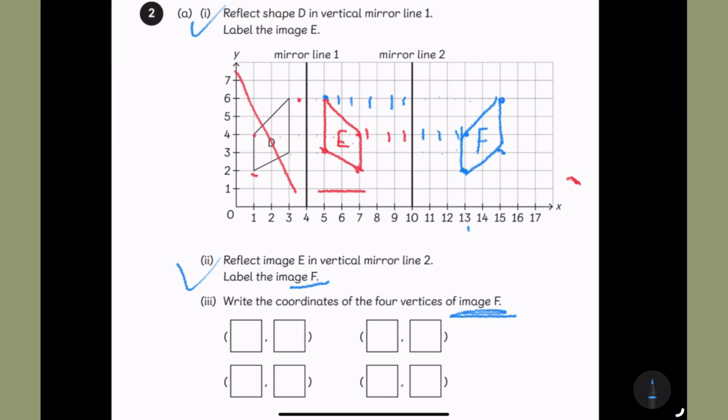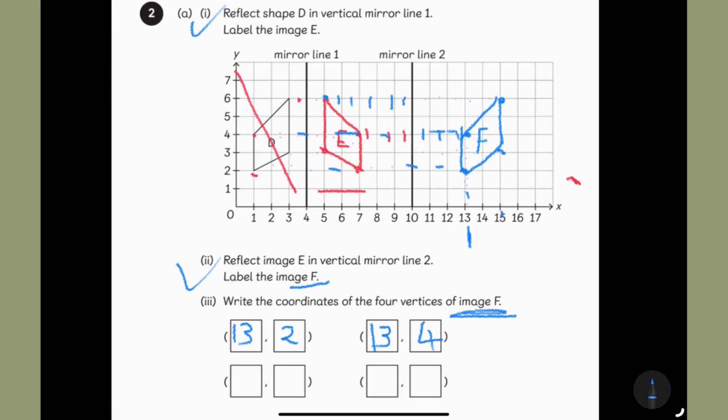So I will start with this point, where the x-axis goes to 13, the y-axis goes to 2. So 13 and 2. In the same line, let me take the second dot because it is 13. It's easier. So let me write 13 here. And this goes to 4, right?